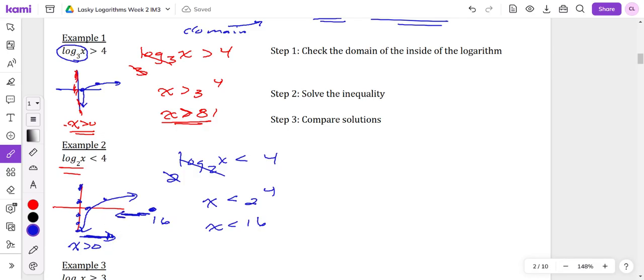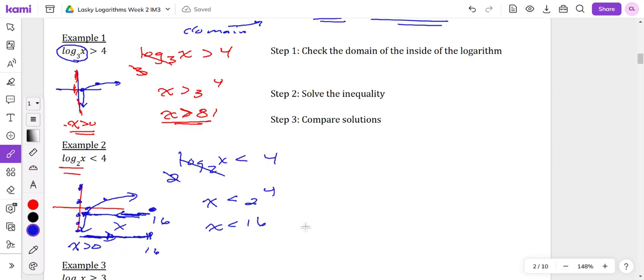So this keeps going, but it's got to stop at 16 because it tells me to stop at 16. And this goes to 0, and it can't go any farther than 0 because this tells me to stop at 0. So when I've got one pointing to the right and one pointing to the left, that means x has to be in between them both.